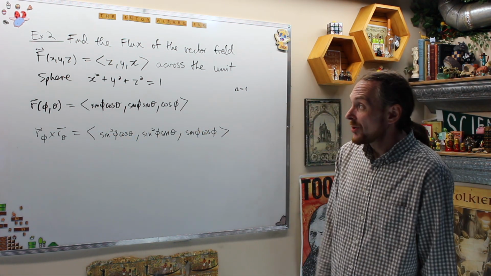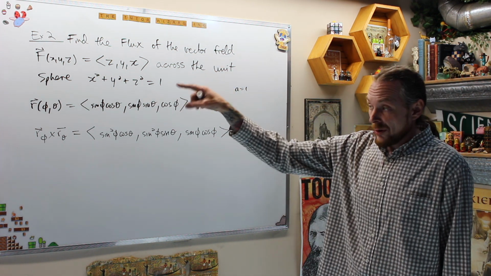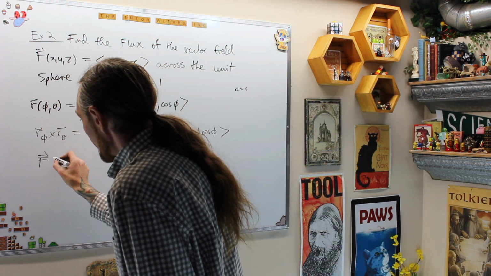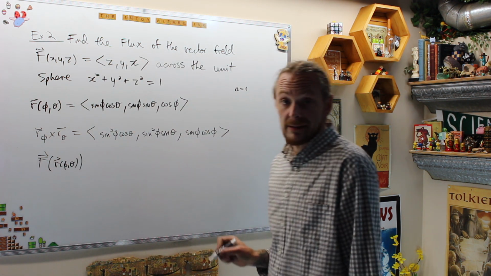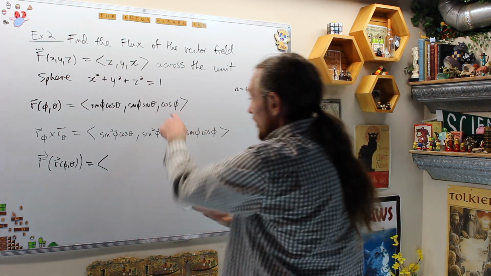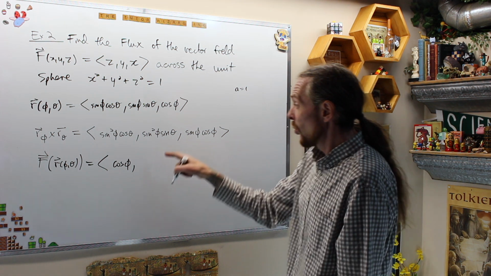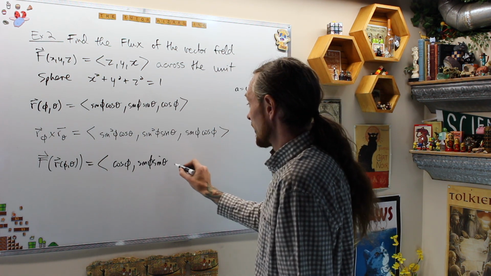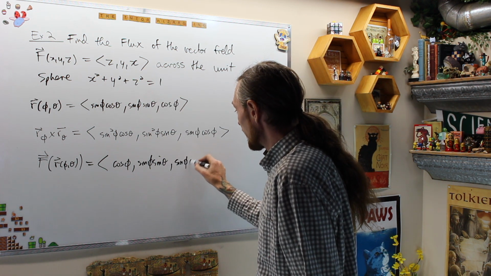And then what do I want to do? Now I also need F of r of phi, theta. That's going to give us another vector, F of r(phi, theta). Our parameterization is going to give z, which is cos phi, comma, y, which is sine phi sine theta, comma, x, which is sine phi cos theta.